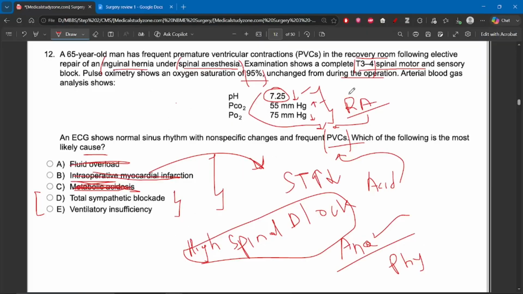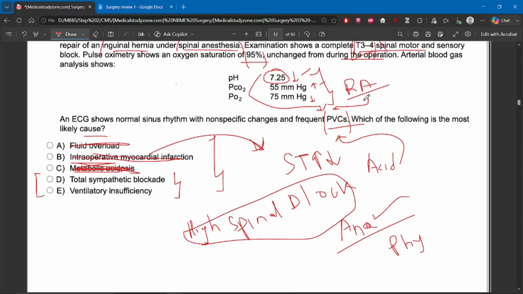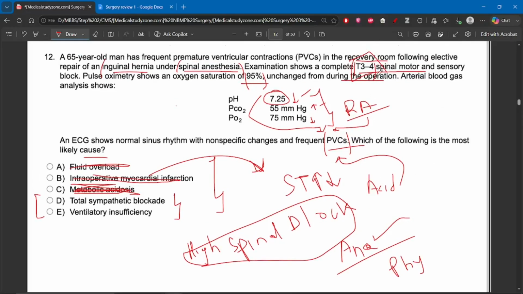However, the epidural anesthesia has evidently surpassed that, and it has now reached the T3 to T4 levels. So even if you don't have that knowledge, you must know that T3 to T4 spinal segments power your intercostal muscles. These are the intercostal muscles that are on your ribs. They actually help the breathing process, inhalation and exhalation.